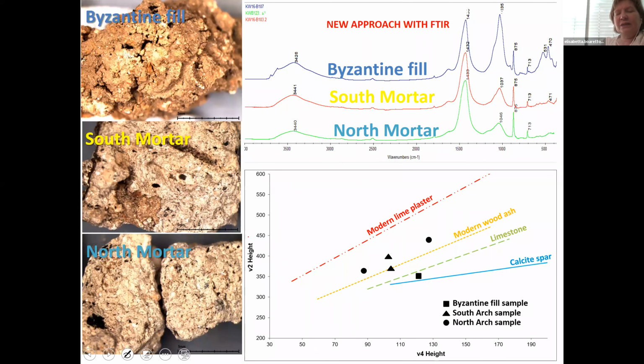And so the different mortar has been analyzed with the infrared and also with the grinding curve. Here we have the standards that we use for the characterization, and the points are the archaeological material.